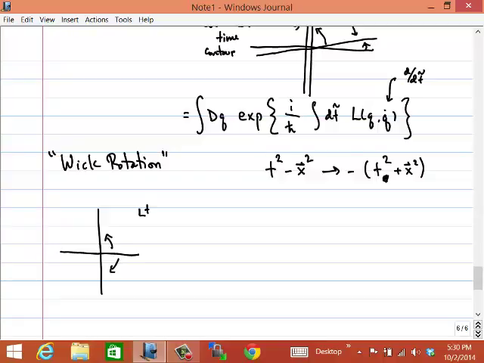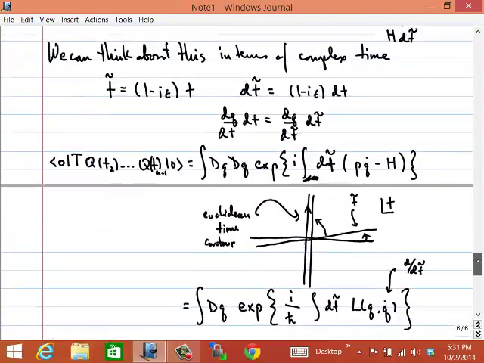Because it's actually very similar to the sort of contour manipulations that we did when we talked about these propagators, the Feynman propagator and so forth. There's one contour rotation that makes sense and that allows you to perform those integrals, and other contour rotations that don't.